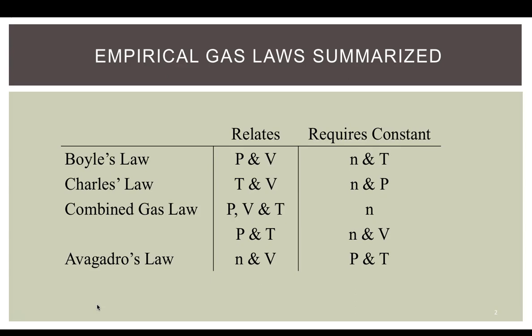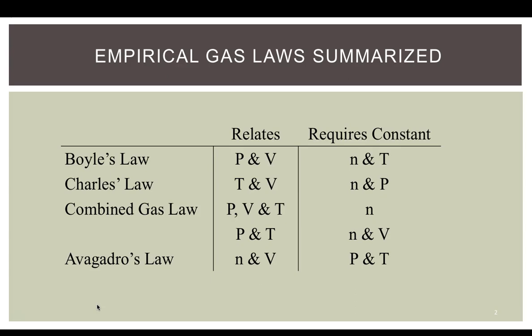Those two laws, Boyle's law and Charles' law, were combined into the aptly named combined gas law, in which P, V, and T were all related to a constant. So it's P times V over T is a constant as long as the number of moles of gas was held constant. If we kept the volume constant of that system, then we knew that P and T were also directly related as long as N and V were held constant.